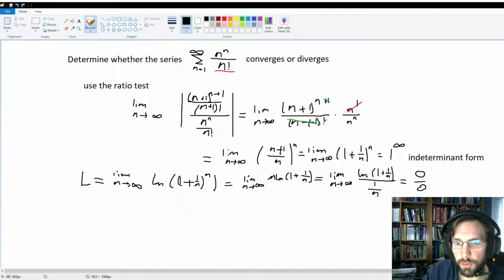Using L'Hopital's rule, we have to use the chain rule here. This should be 1 over 1 plus 1 over n times the derivative of the inside, which is negative 1 over n squared. And I have not taken the limit yet, so we need the limit.